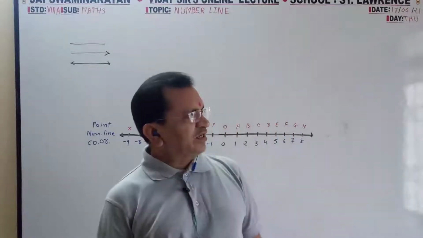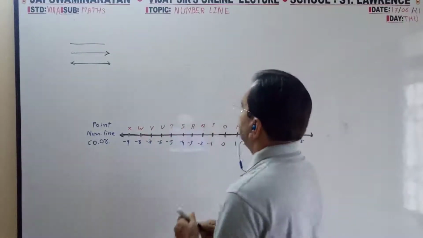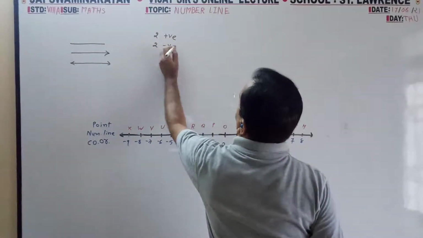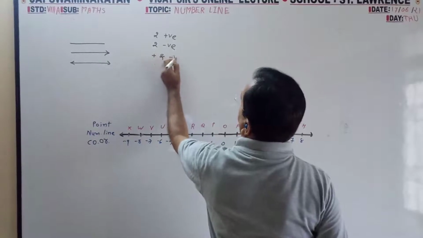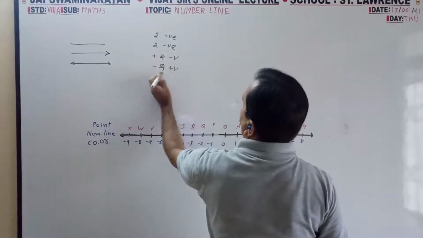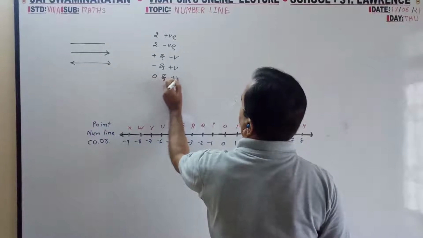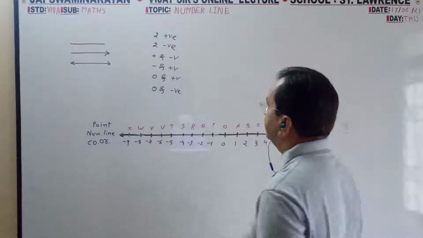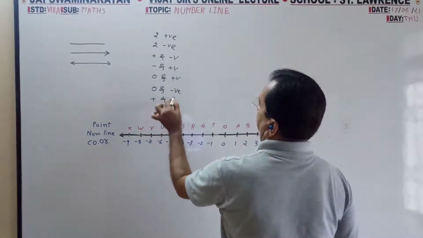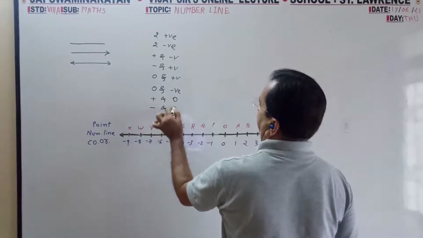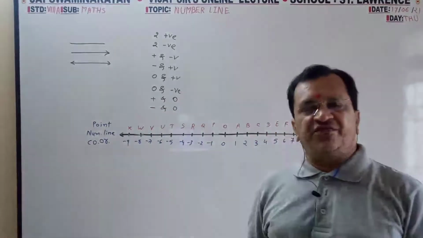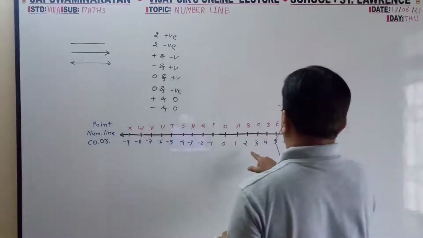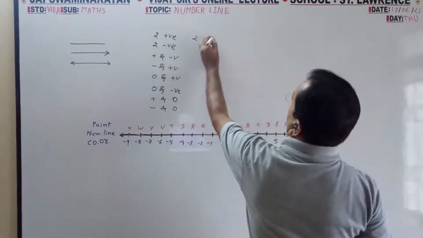Now we will compare two positives, two negatives, positive and negative, negative and positive, 0 and positive, 0 and negative, positive and 0, negative and 0. These different cases we will compare. Both positive means I will take 2 and 3.